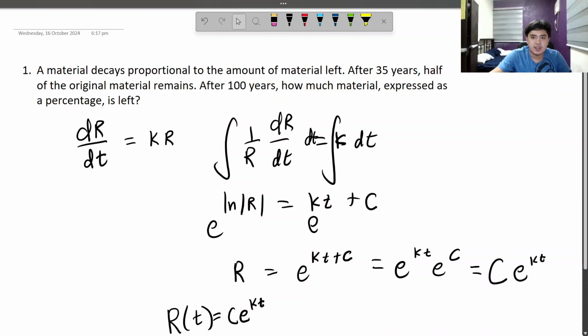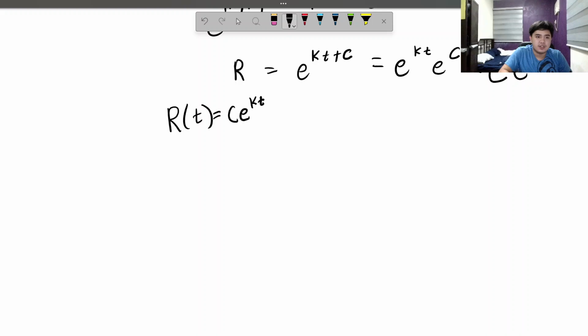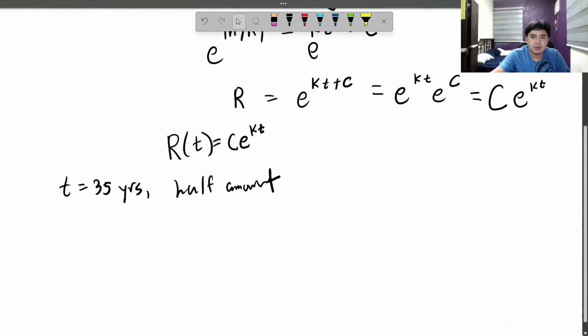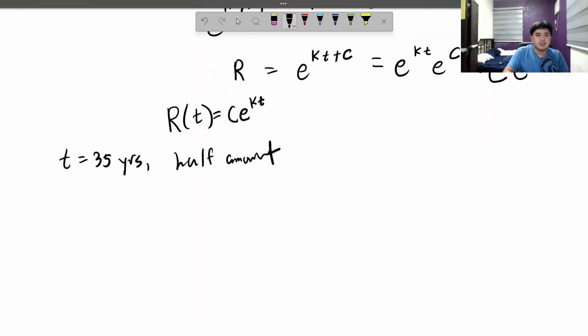Now, it says here, after 35 years, only half the amount is left. So that means at the start, there was a full amount. So let's say this is 50%.